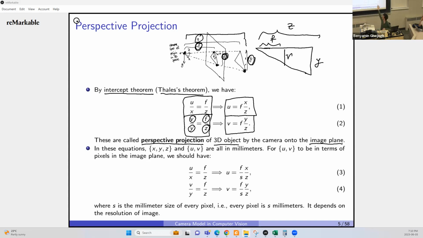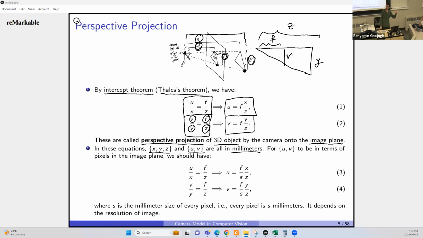It's obvious, right? It's exactly what we calculated. In these equations, X, Y, Z, and U and V are all in millimeters, right? Because especially in physics, whenever you say something equals something, their dimensionalities should match. If you have time on the left-hand side, the right-hand side should be time.